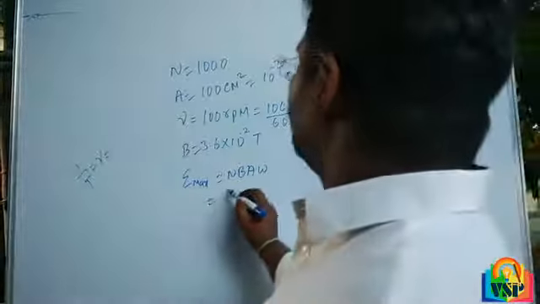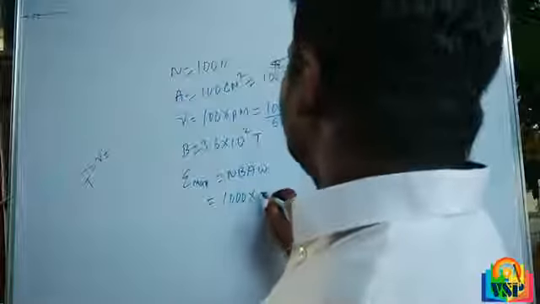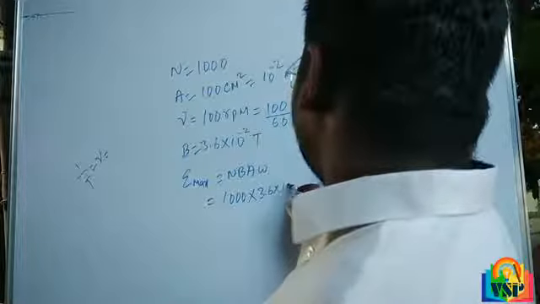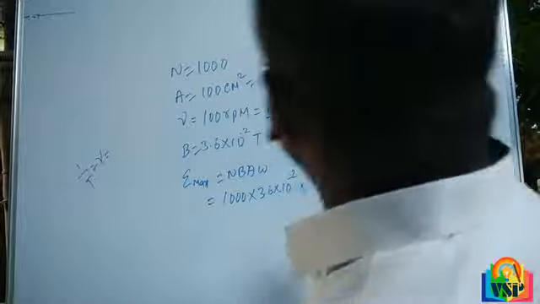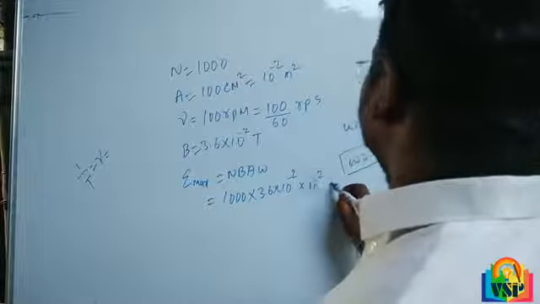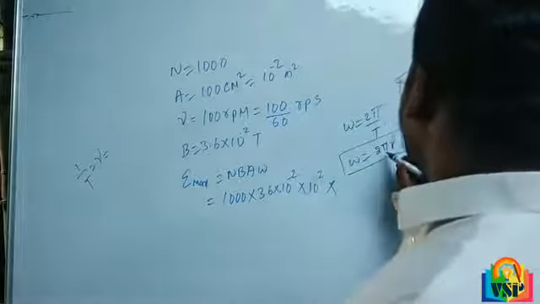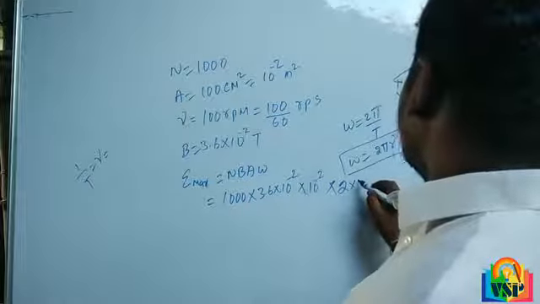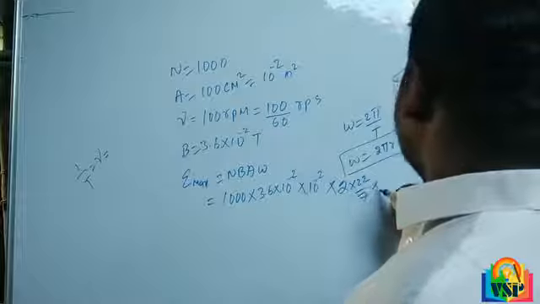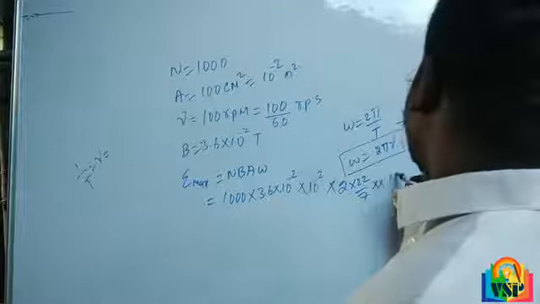Now, number of turns 1000 into B, 3.6 into 10 power minus 2, into area 10 power minus 2, into omega. Omega means 2π, 2 into 22 by 7, into frequency 100 by 60.